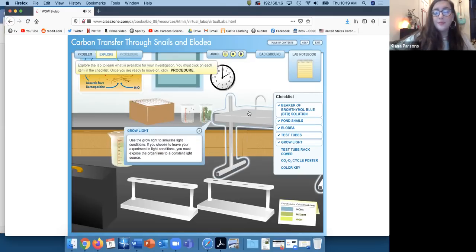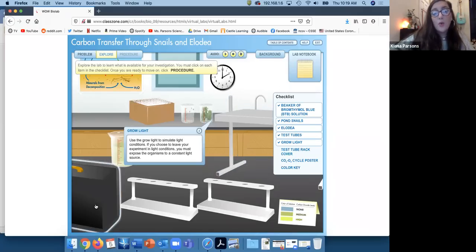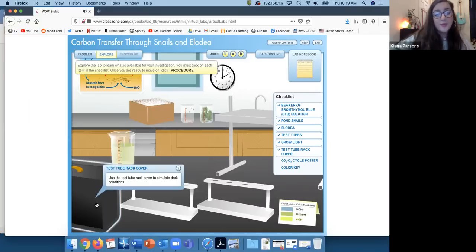If you choose to leave your experiment in light conditions, you must expose the organisms to a constant light source. What's fun is if you were able to do this experiment on your own, you can choose to conduct the experiment under the grow light or under the test tube rack cover. Test tube rack cover. Use the test tube rack cover to simulate dark conditions. Kind of cool.